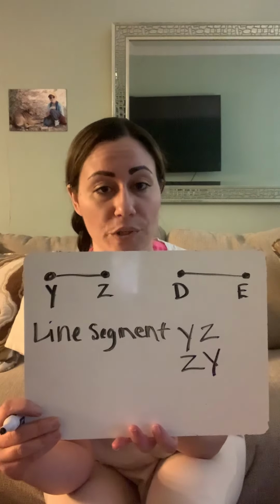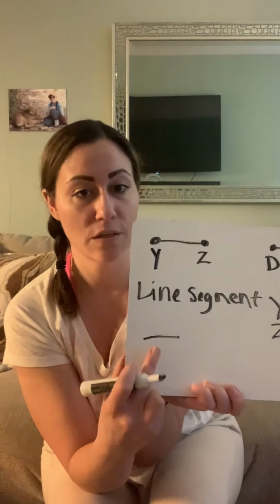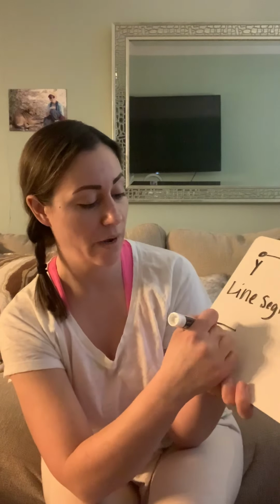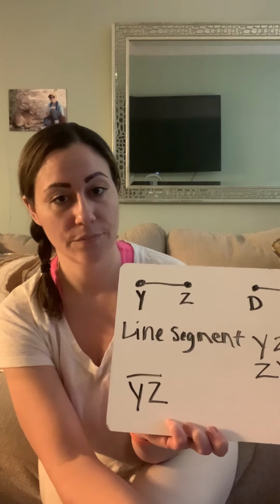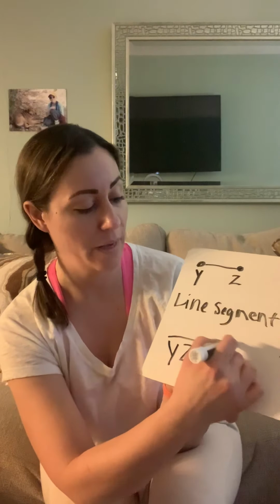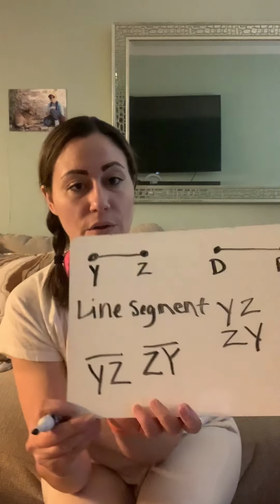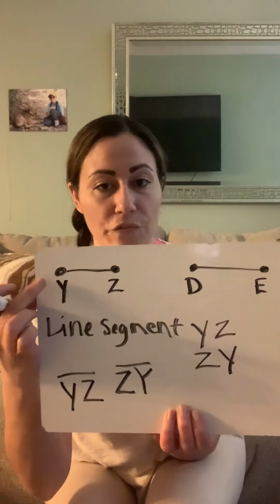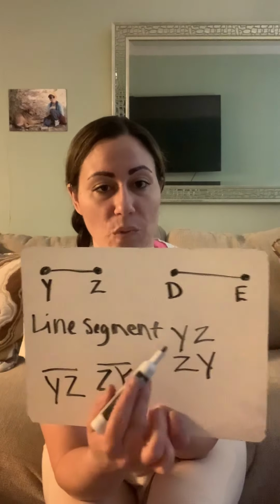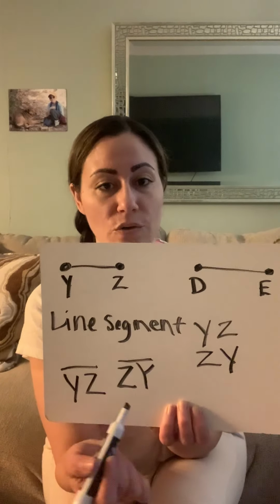It doesn't matter which direction you put it. Or I can write it as a symbol, the second way. The symbol is just a straight line. Then I can write YZ, or what's the other way I can write it? Right, I can make my line and do ZY. So that's how I would write the line segment for this example, either line segment YZ or line segment ZY or YZ or ZY.